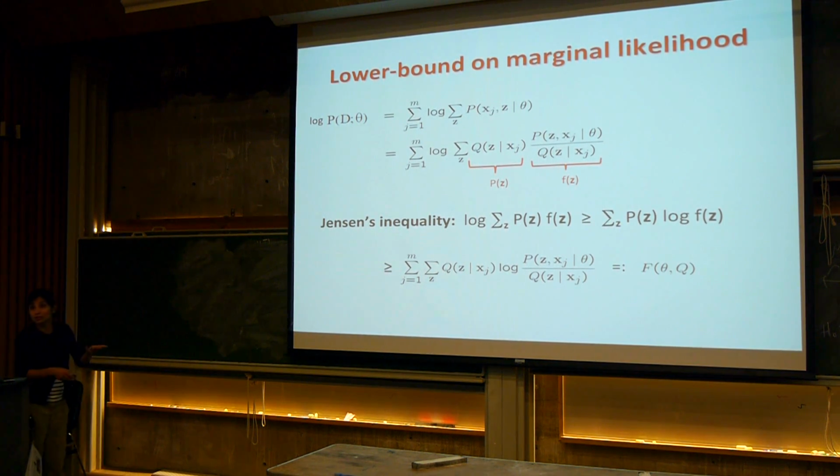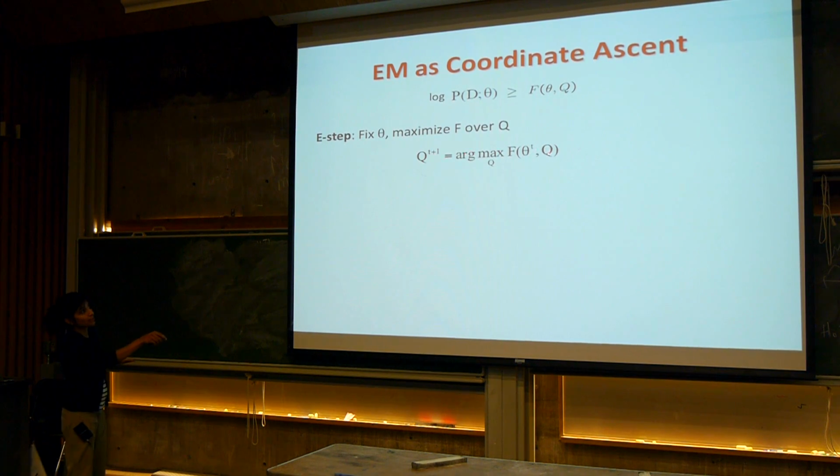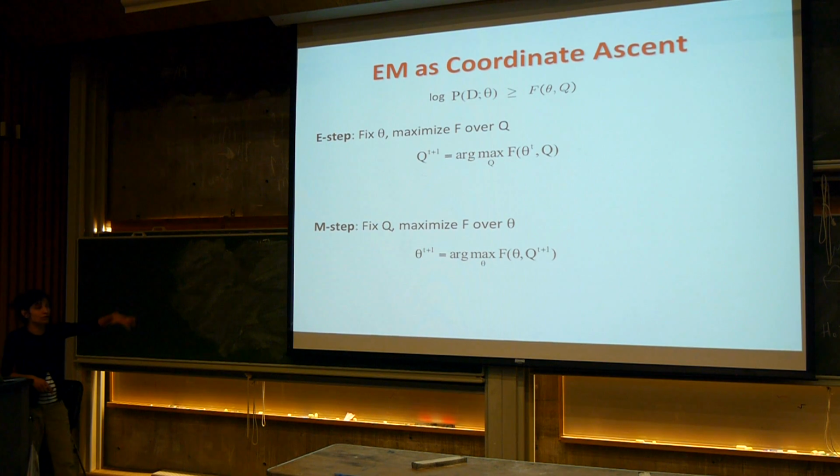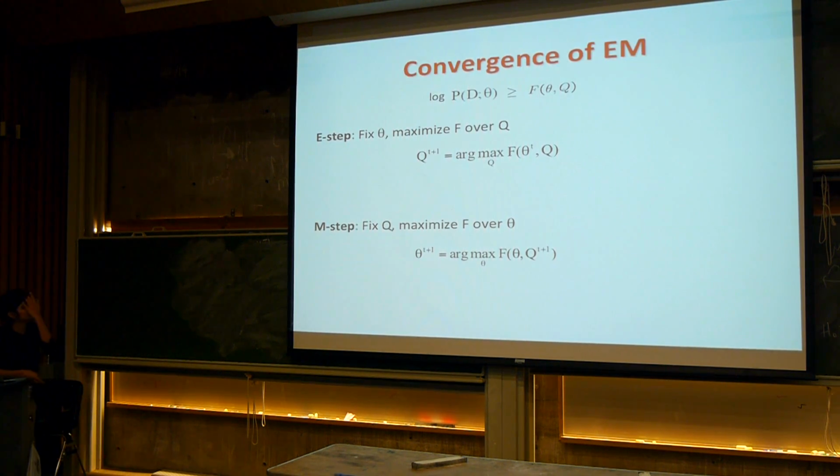So first we are going to impute those assignments of the hidden variables, that's q. So we maximize over q and update those. And the M step is going to fix those assignments and now update the thetas, which are our parameters. So now we maximize this f over the parameters, keeping q fixed. And we'll iterate between these two steps.